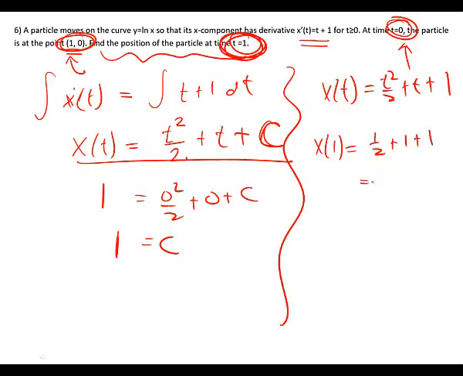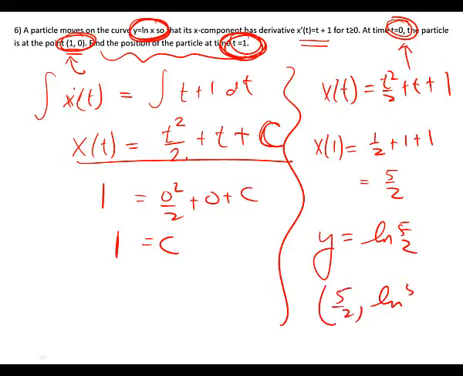That gets me either 2.5 or 5/2, right? It wants the actual position, so it might come up as a point. Notice they gave you the y right there. So to get the y value of the point, you would do y equals the natural log of 5/2. So the point would be 5/2, natural log of 5/2.